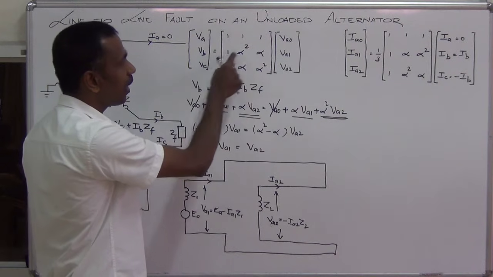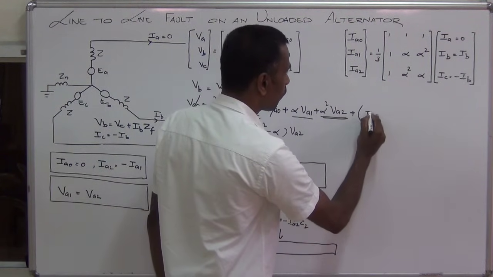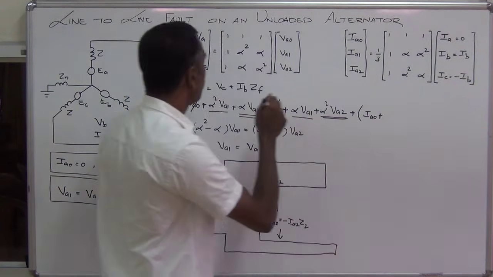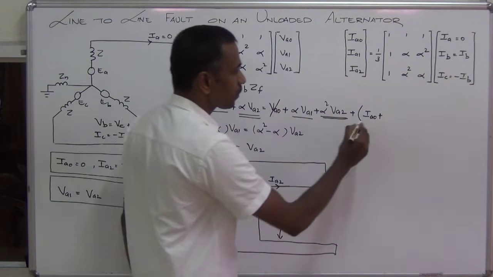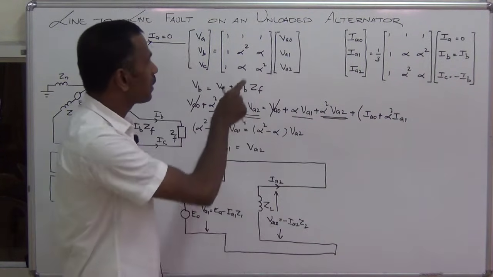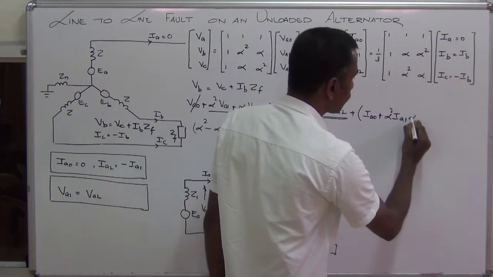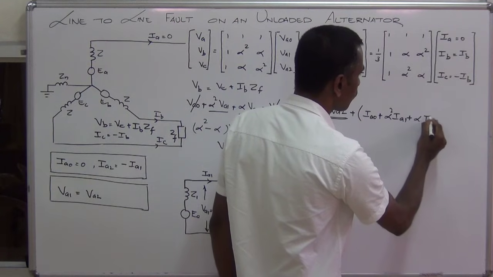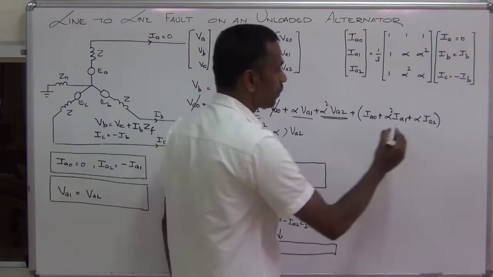IB equals 1 into IA0 plus alpha square into IA1 plus alpha into IA2, into ZF.